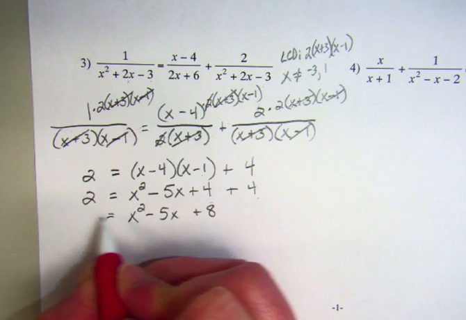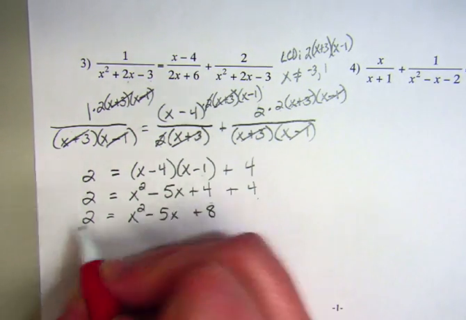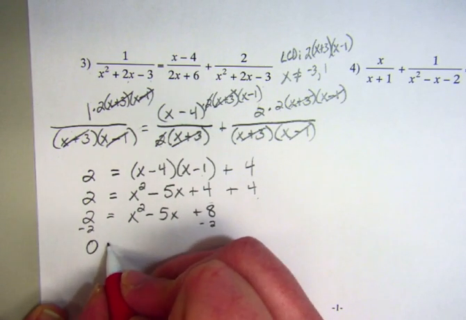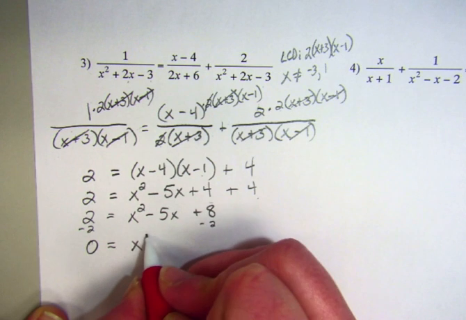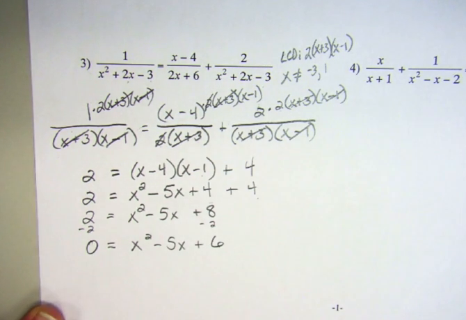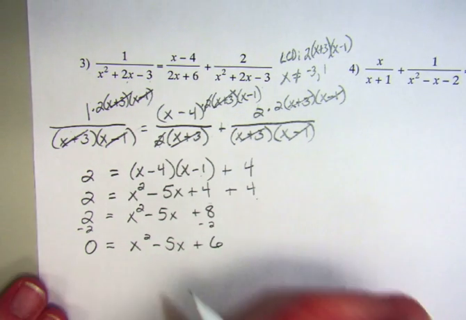But that is equal to 2, and I really want that to be equal to 0. So I'm going to subtract 2 from both sides, and I get 0 equals x squared minus 5x plus 6. And this can be solved by factoring.